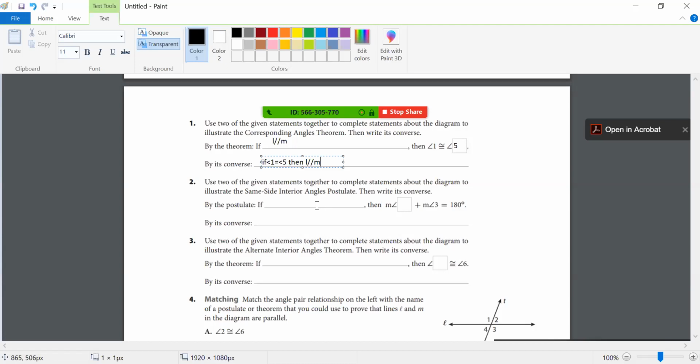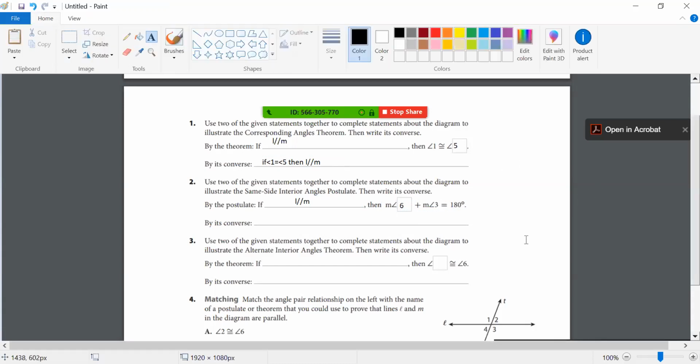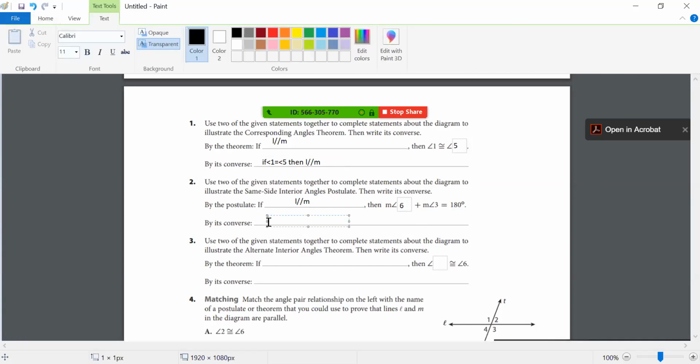So we are going to write here: if L is parallel to M, then angle 6 plus angle 3 will be supplementary. And then in the converse, I'm going to write: if angle 6 plus angle 3 is equal to 180, then L will be parallel to M.